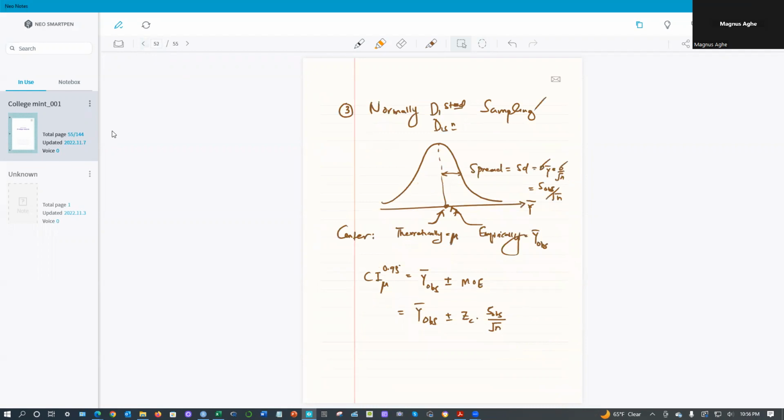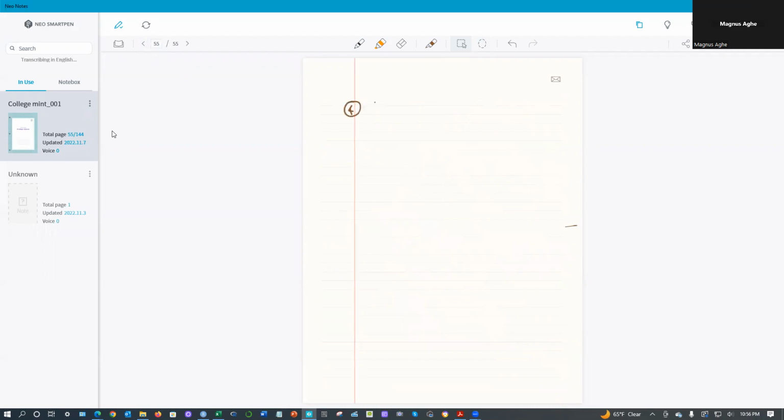T distribution method as well. That's the fourth method. The fourth method I'm going to say is T distributed sampling distribution. The sampling distribution looks like a T distribution.